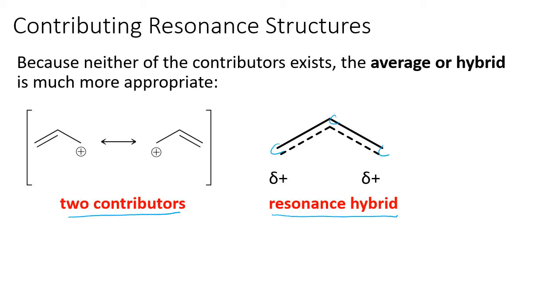It's more like a 1.5 bond between each of those carbon atoms. So that's what these dashed lines are representing. And then each carbon on the end could have a slightly positive charge, rather than just one side having it. So the hybrid tries to depict a picture combining both of the contributors together. Usually, nine times out of ten, you'll be drawing out the individual resonance contributing structures rather than putting them together and seeing a hybrid.